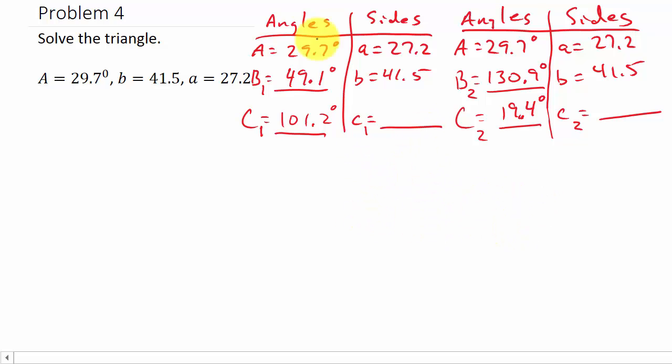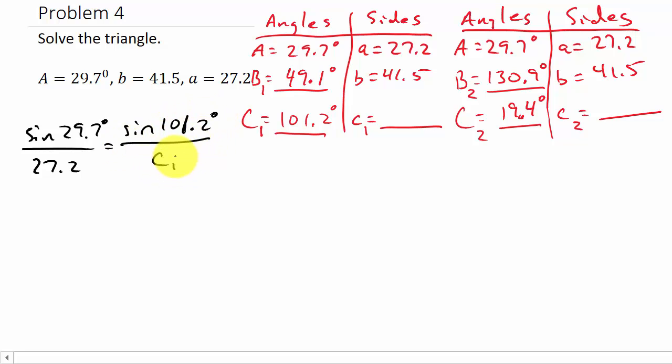All right, so let's find C1 first. Both of these are given, so I'm going to use angle A and side A as opposed to this because this was calculated. So I've got the sine of 29.7 degrees over 27.2 equals the sine of 101.2 degrees over C1.